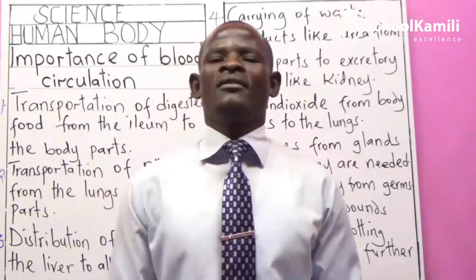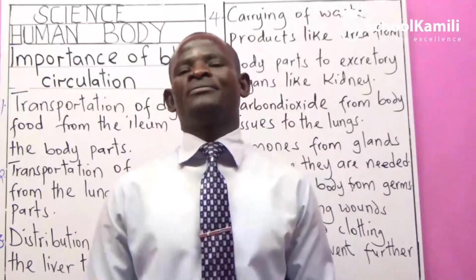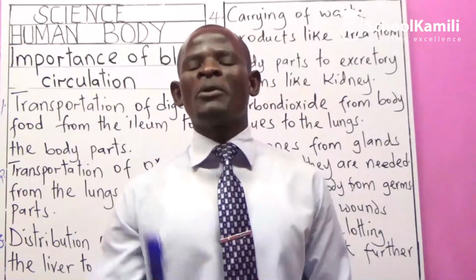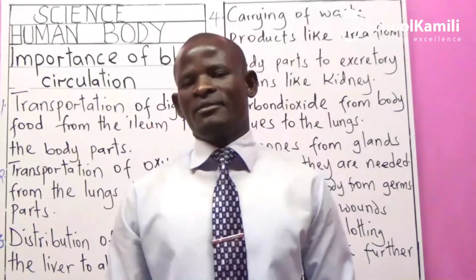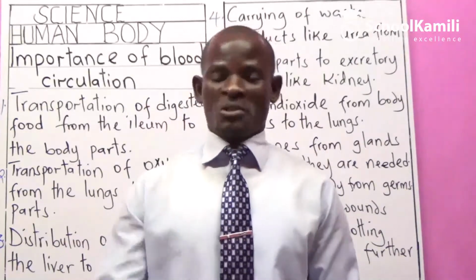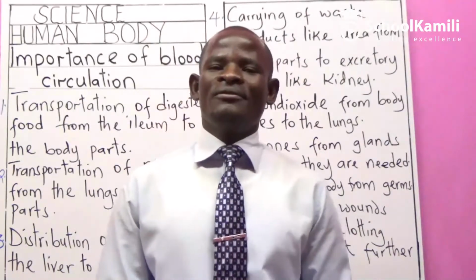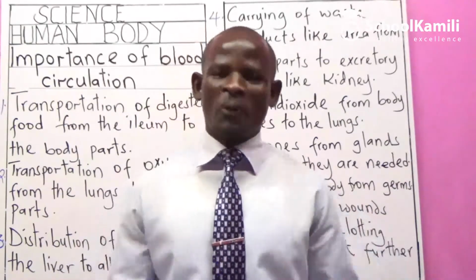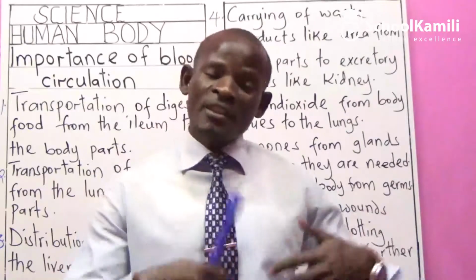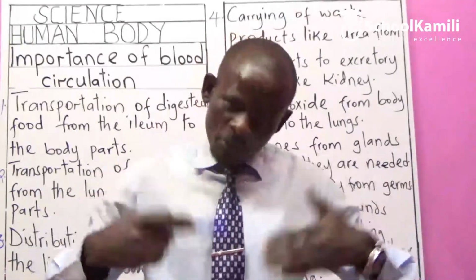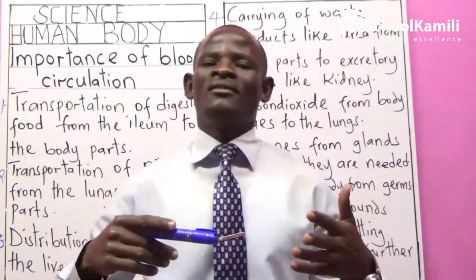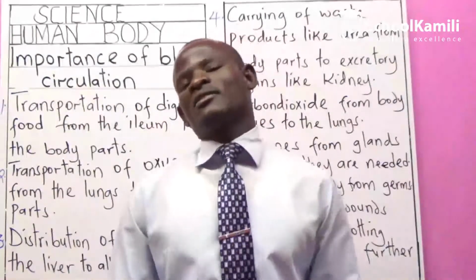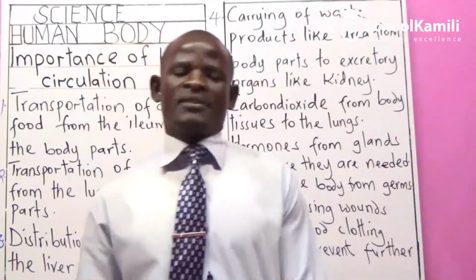For example, in our previous lessons I told you that it's the function of the kidney to purify blood. That's why if you go for the short call, the urine is going to be colorful. Why is it colorful? It is because it washes some of these. It purifies. What? To purify is to clean. It washes some of these harmful, toxic substances from the body to the other part.